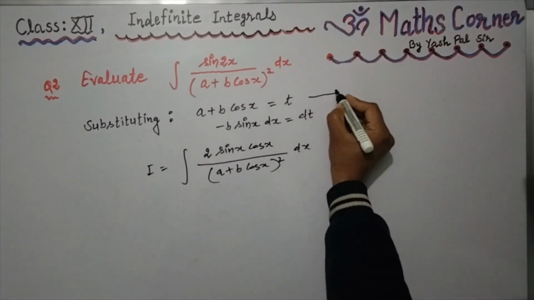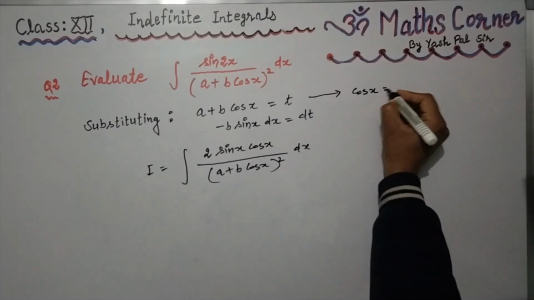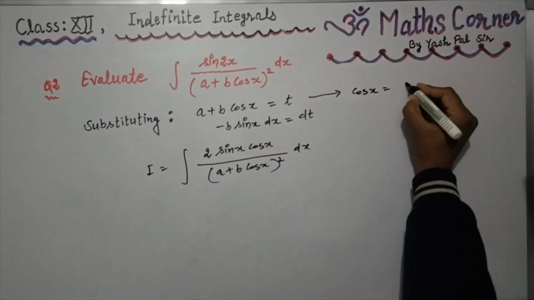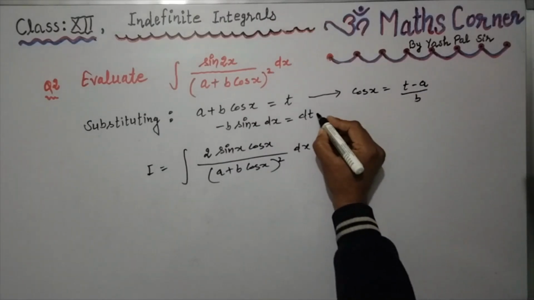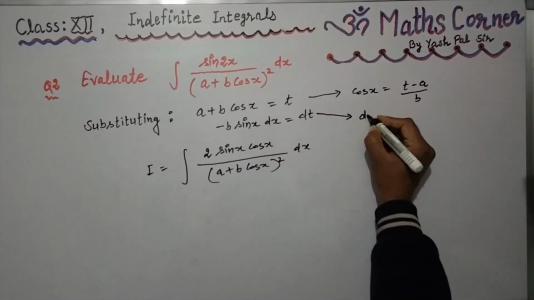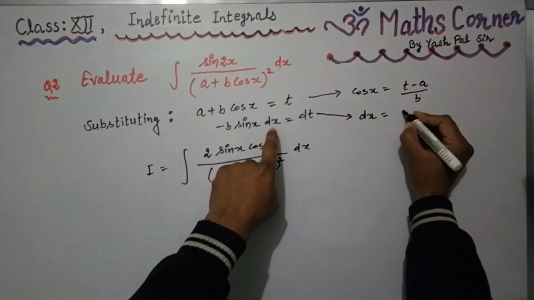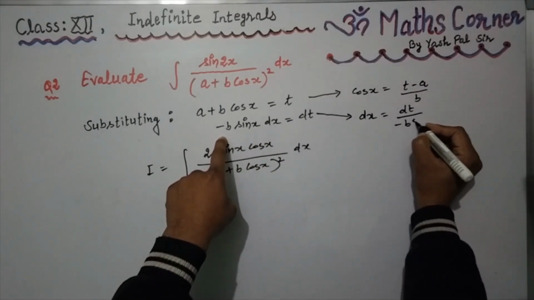From the first line we can conclude the value of cos x is equal to (t - a) upon b, and from the second line we can conclude dx is equal to dt divided by minus b sin x.